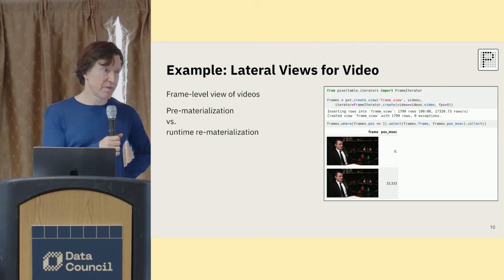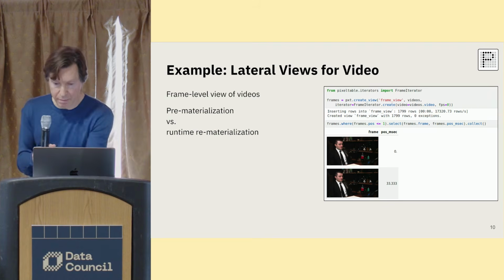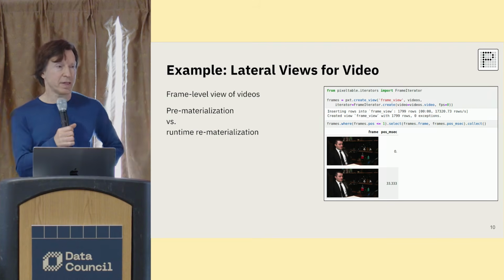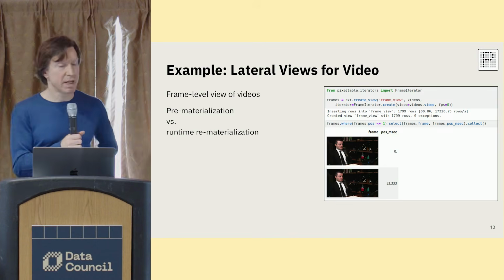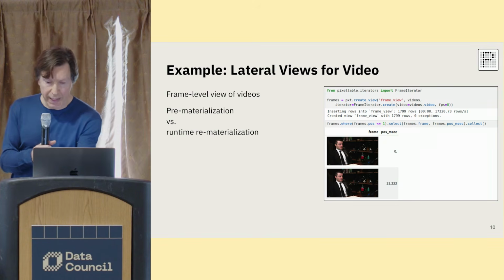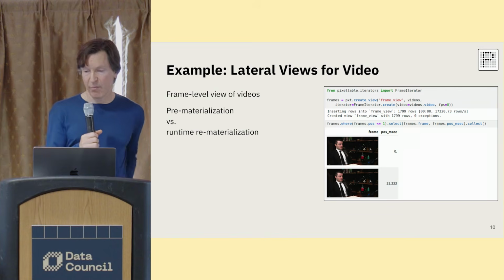FPS 0 means full frame rate. And we had one video which ended up being almost 1,800 frames, so 1 minute by 30 frames per second, about 1,800. And here we are also looking at the first two rows of that frame view.